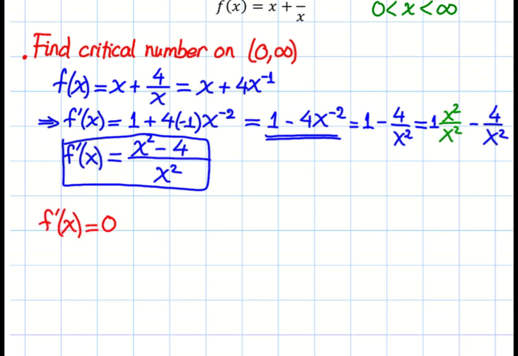Derivative equal to 0, we have a rational function. That means the top is equal to 0, or the derivative does not exist. That means the bottom is 0.